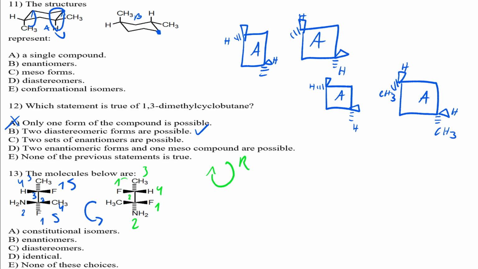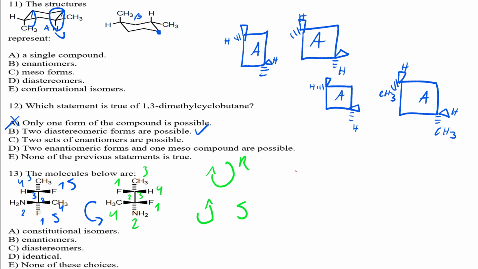I'd rather have a carbon with 3 things attached to it compared to a CH3. So it's going to be 3 and 4. So again, the methyl group is a low priority, and it's on a wedge. So you're going to have 1, 2, 3, but you're going to have to reverse what you did.